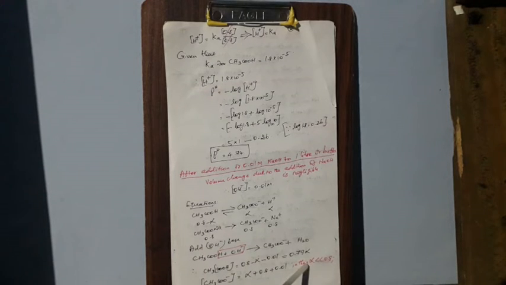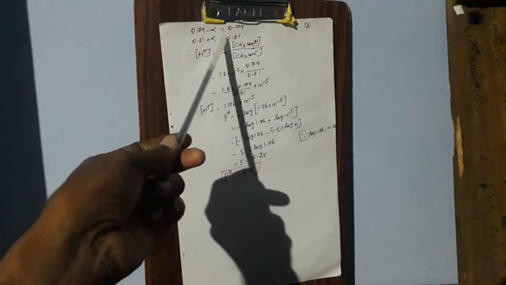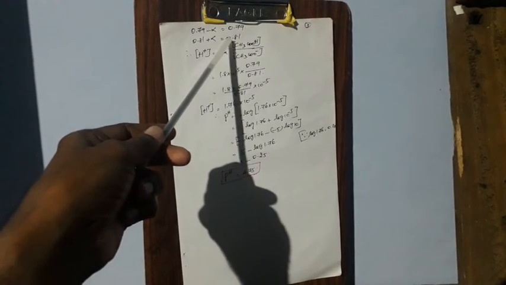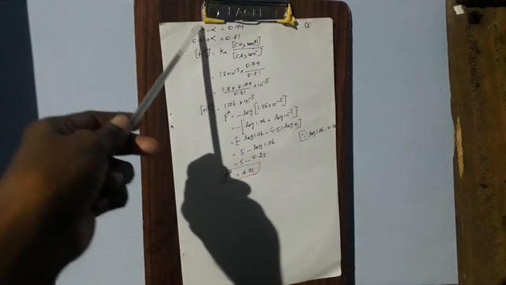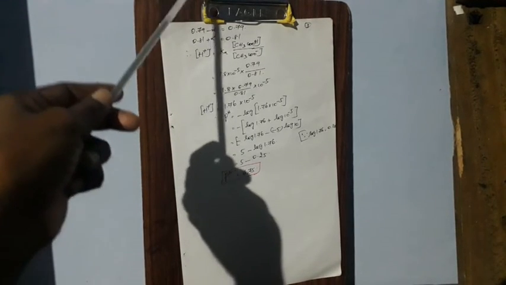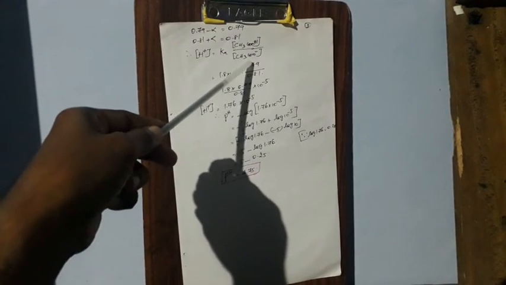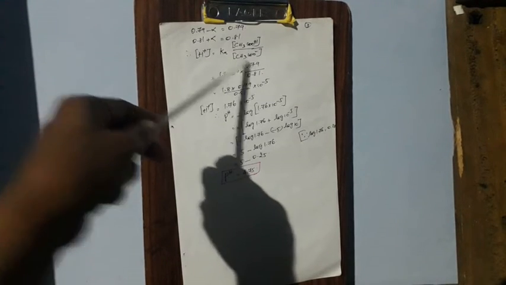Since alpha is less than 0.8, 0.79 minus alpha is equal to 0.79, and 0.81 plus alpha is equal to 0.81, because alpha is negligible. So H plus is equal to Ka into concentration of acetic acid divided by concentration of CH3COO minus ion.